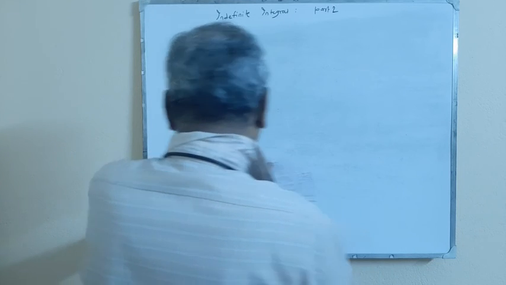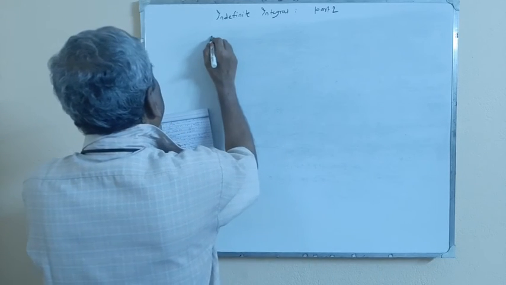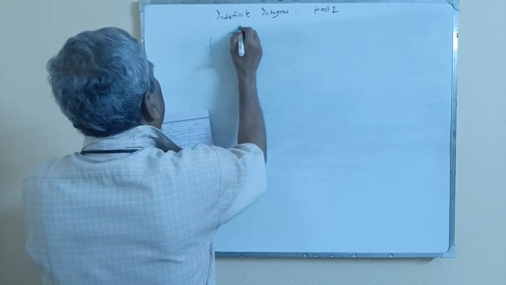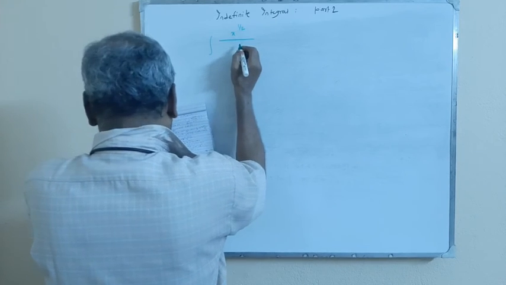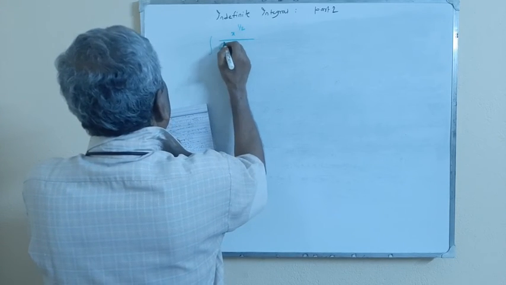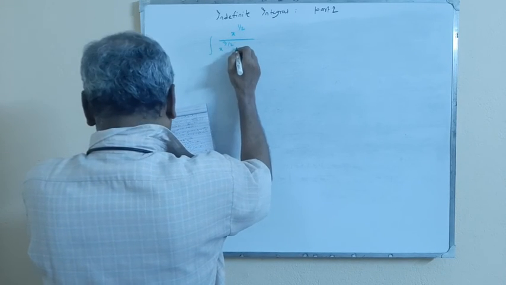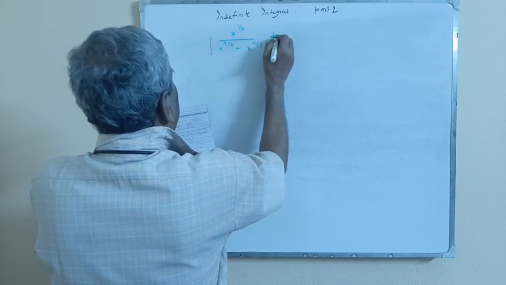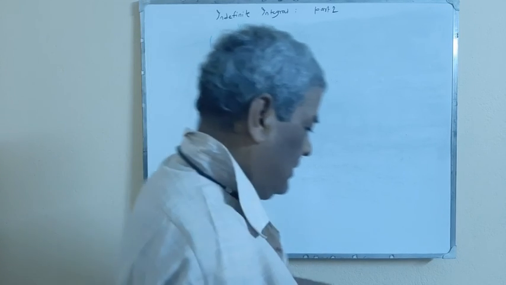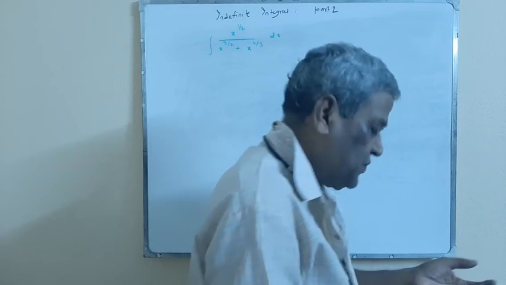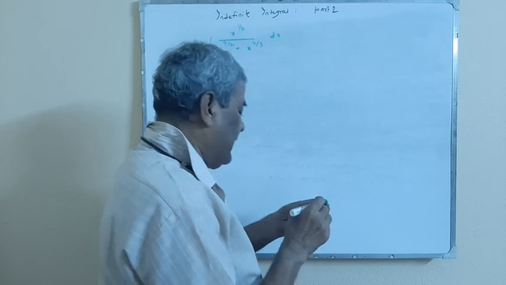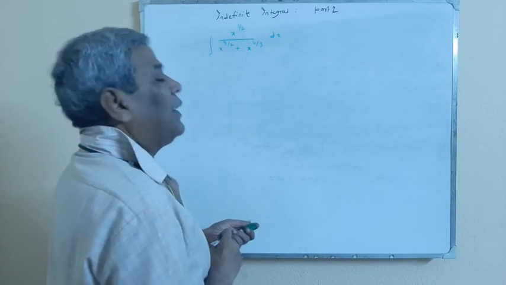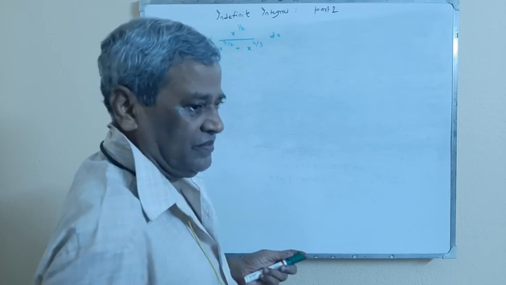Next problem is the integration of x to the power half by x to the power 3 by 2 plus x to the power 4 by 3 dx. The type is such that in numerator and denominator, all powers of x are fractions.